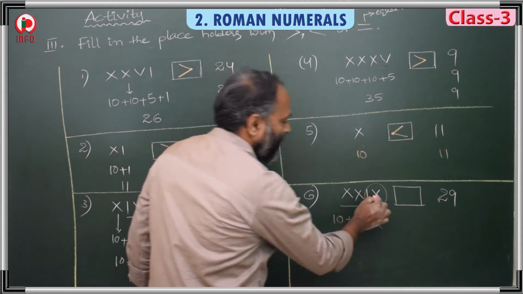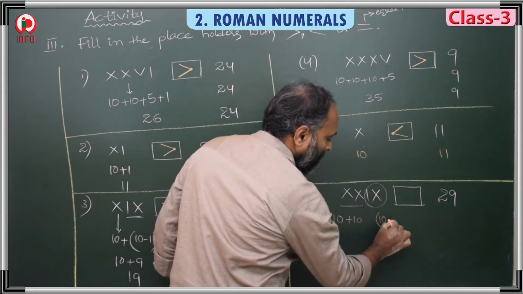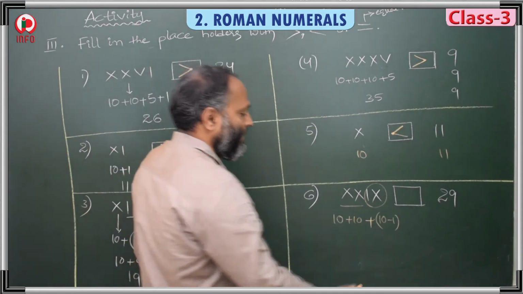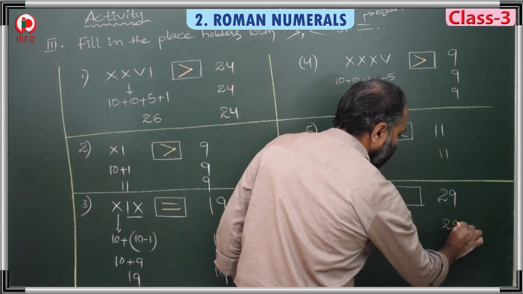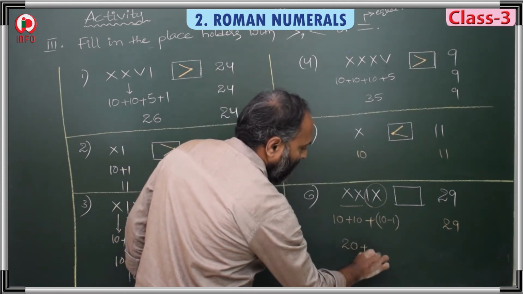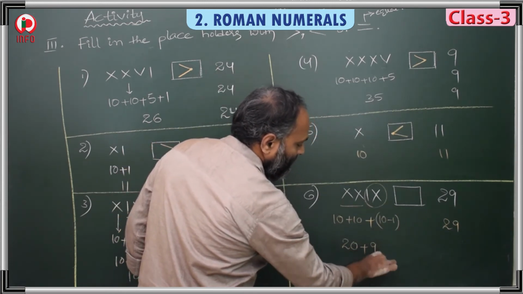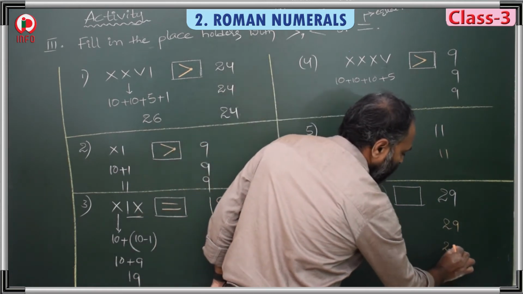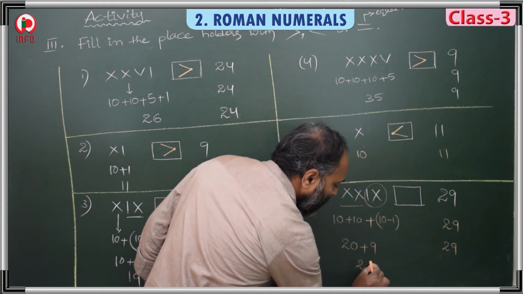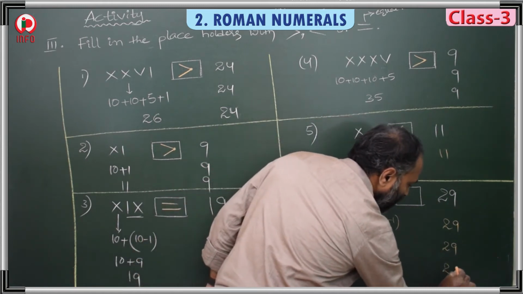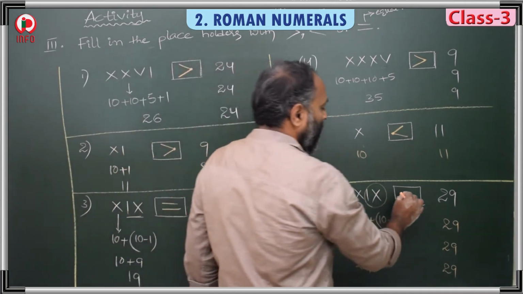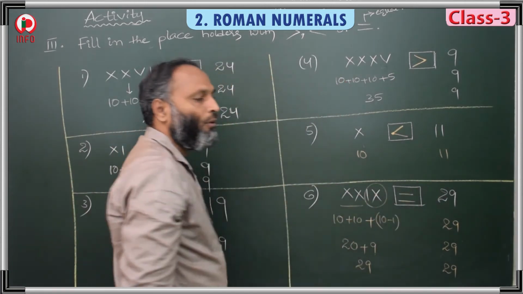So subtraction 10 minus 1, in between a plus symbol, and this 29 as it is. 10 plus 10, 20, plus 10 minus 1, 9, and this 29 as it is. 20 plus 9, 29, and here also 29. Both are equal, so equal will come in our given holder.